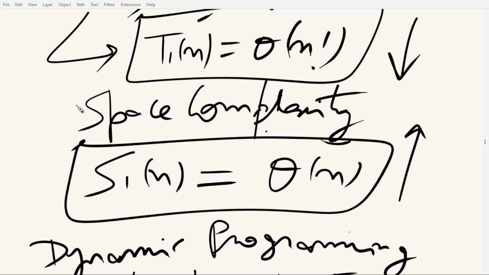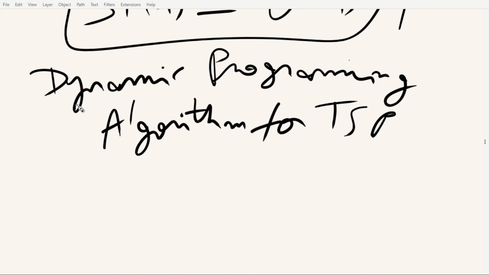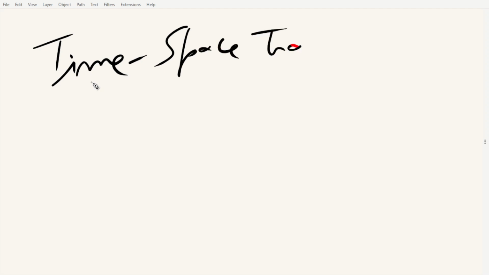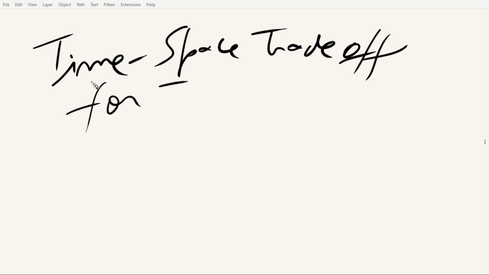So we'll get a time space trade-off for TSP. Time space trade-off means to save time we have to expend more on space.